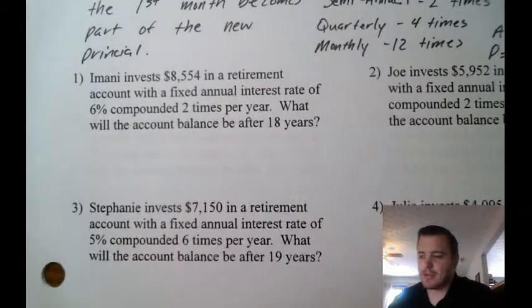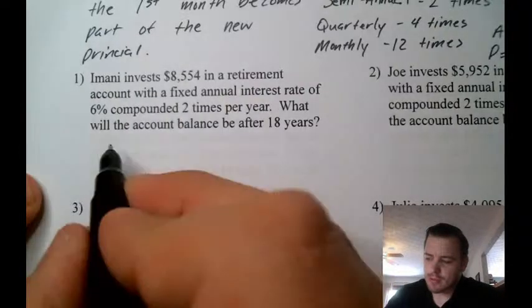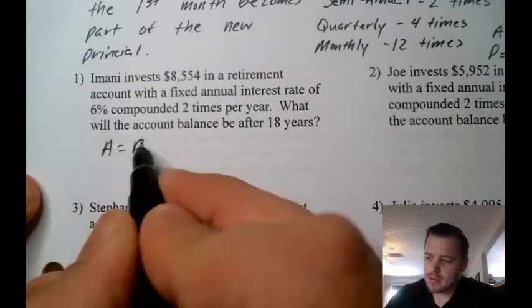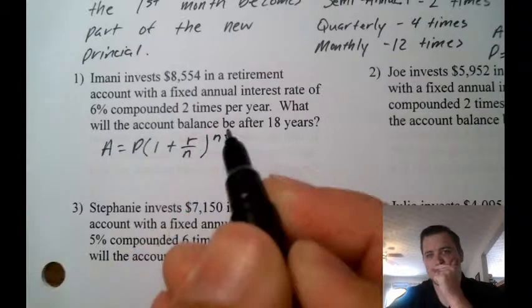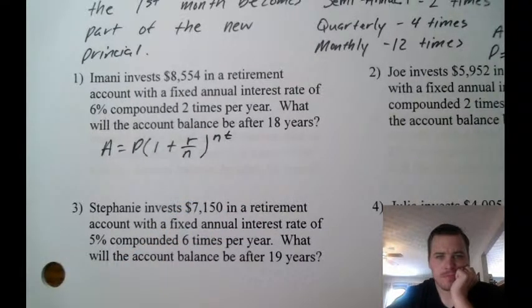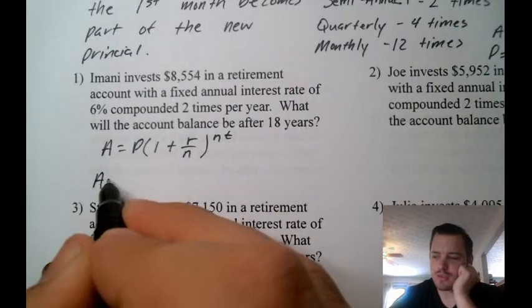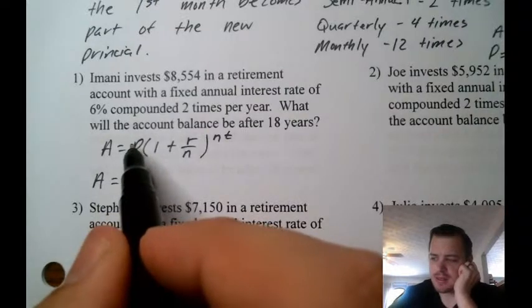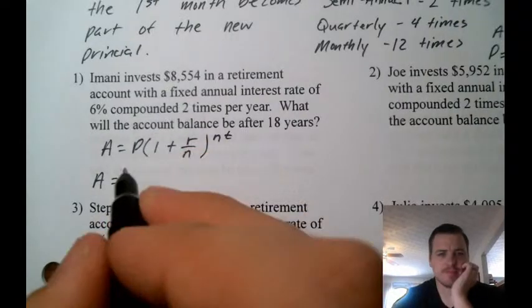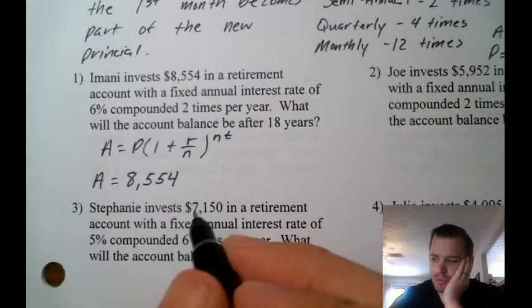Okay. So always write our formula down. Amount is equal to the principal times 1 plus R over N, to the NT. So our amount is going to be equal to our principal. Remember, principal is what she initially invests. She put $8,554 in. Then we say that times 1 plus the rate.